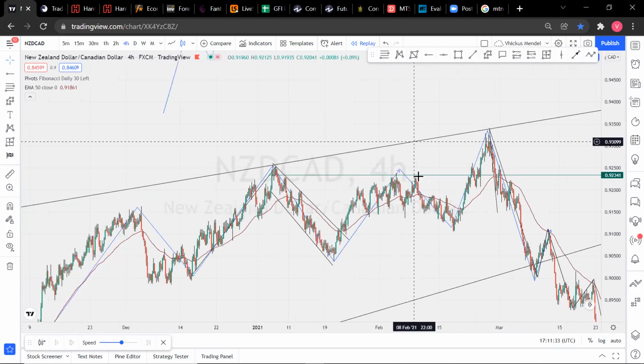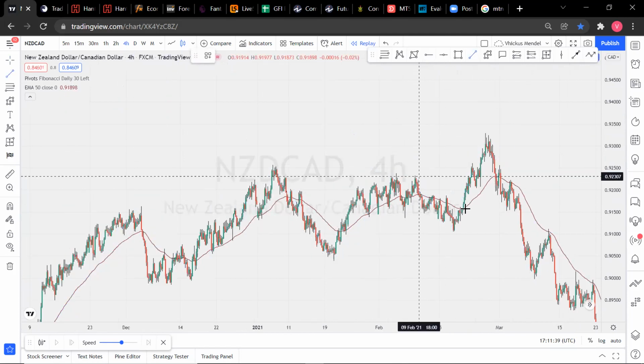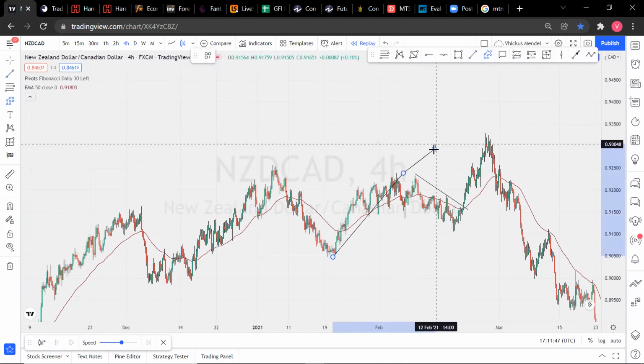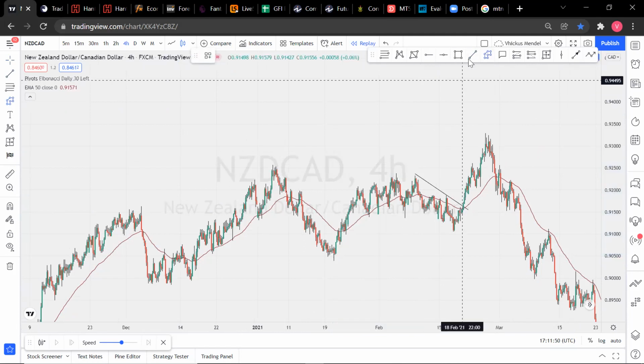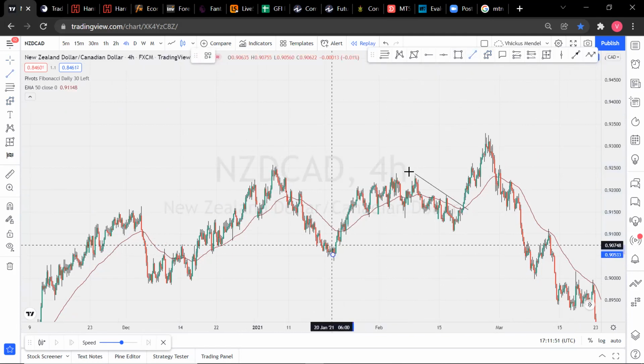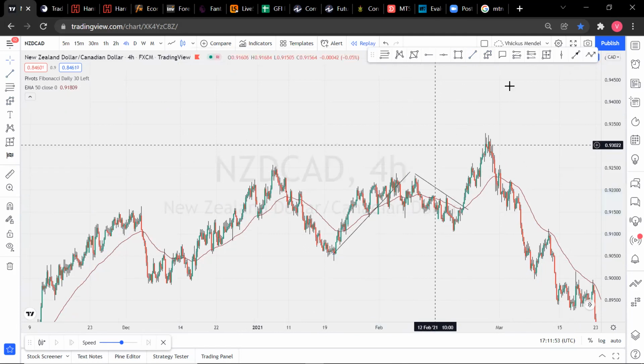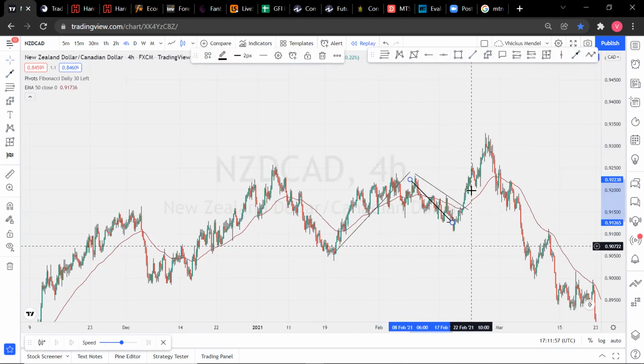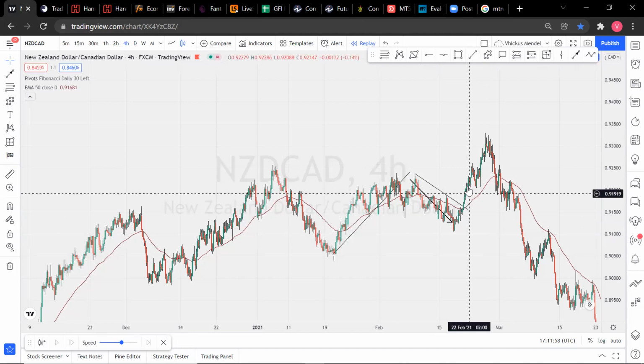There's another correction after this impulse move. After this impulse move, here is another correction. You see, so another breakout.